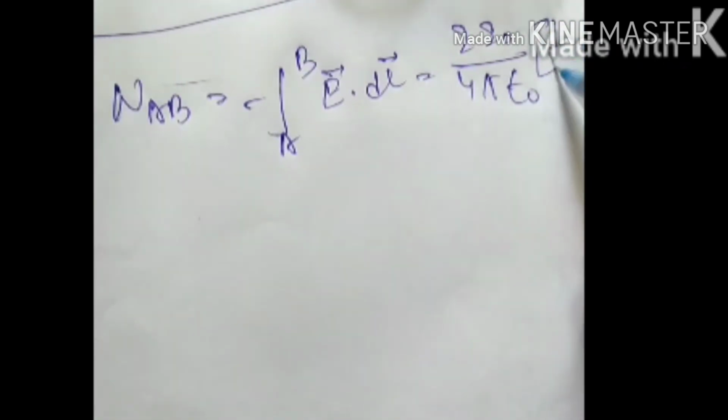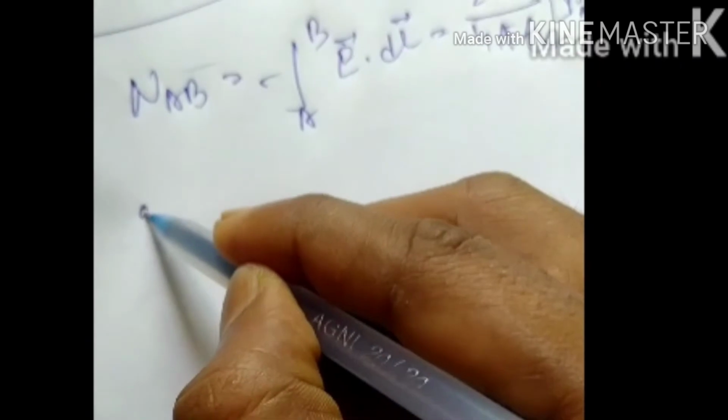W_AB is equal to integration from A to B of E vector dot dL vector, that is equal to Q naught by 4 pi epsilon naught into 1 by R_B minus 1 by R_A, or W_AB by Q naught is equal to Q by 4 pi epsilon naught into 1 by R_B minus 1 by R_A.